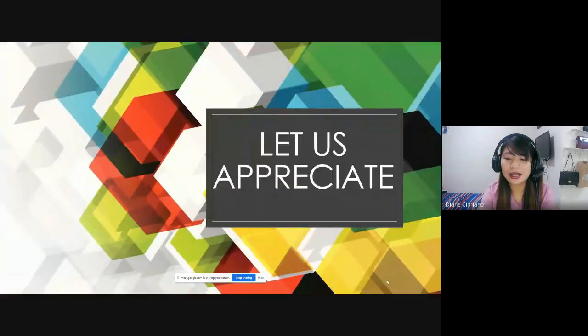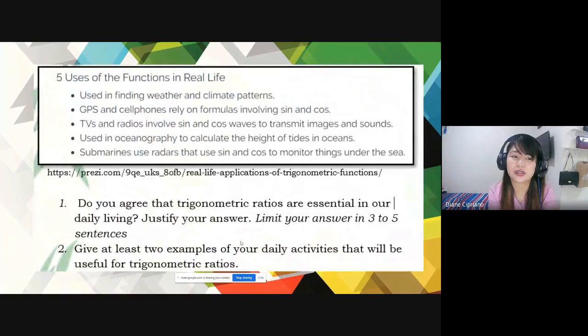Let us appreciate what would be the use of these 6 trigonometric functions. There are 5 uses of the functions in real life. First, they are used in finding weather and climate patterns. Oh yes, that's true.